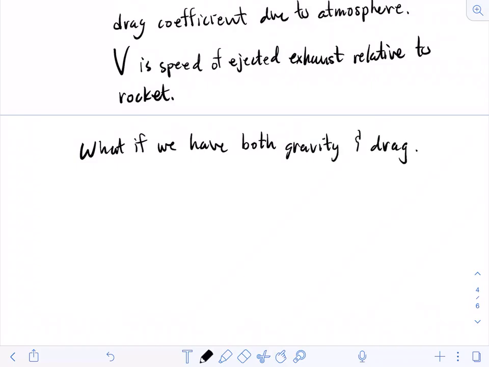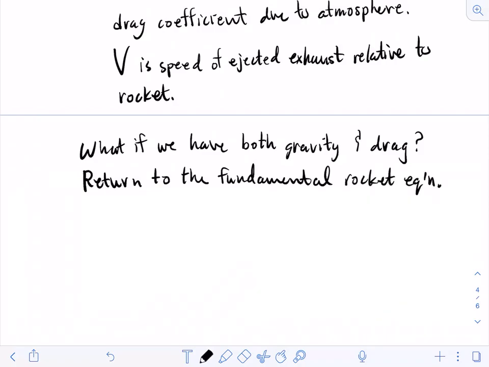Okay, so we've solved for the case of gravity and we've solved for the case of a drag force independently. So let's combine them. Our starting point is to return to the fundamental rocket equation.